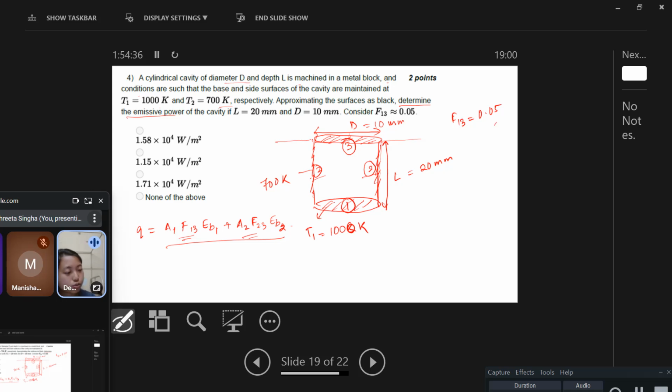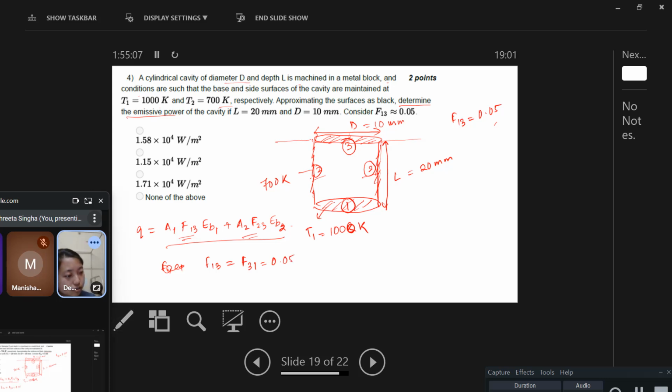F13 is already given as 0.05. F11 is not required. F13 is equal to F31, which is 0.05.